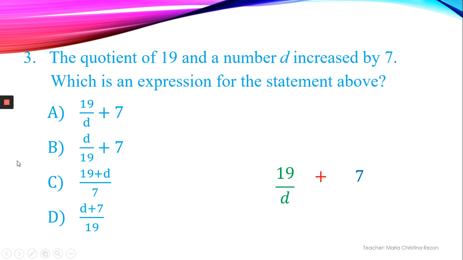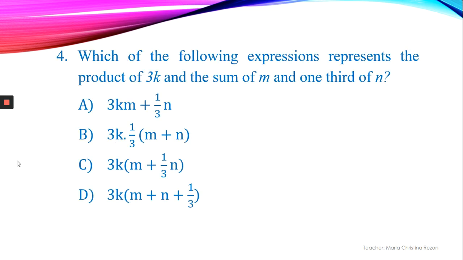Next question, number 4. Which of the following expressions represents the product of 3k and the sum of m and 1/3 of n? So you have here a product, that means you're multiplying 3k to the sum of m and 1/3 of n. So you are getting the sum of m and 1/3 of n.